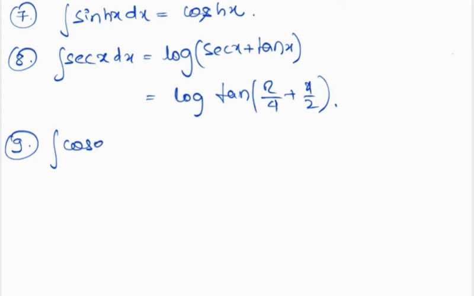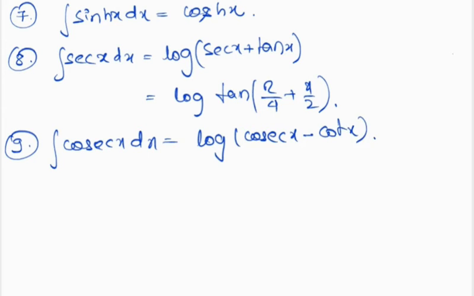Integration of cosec x dx is equal to log of cosec x minus cot x, or we can write this as log tan x by 2.